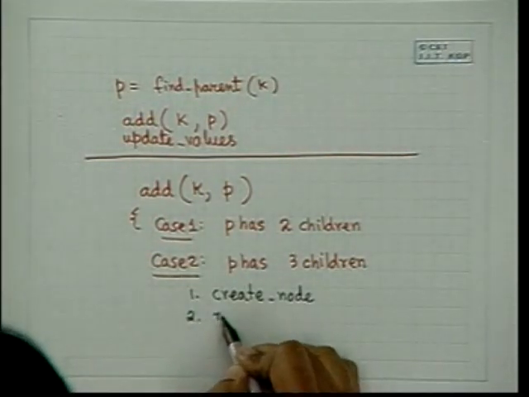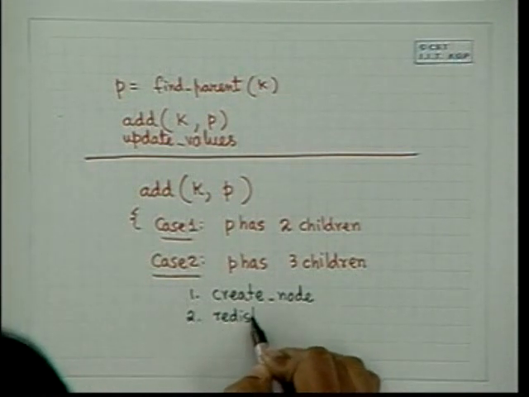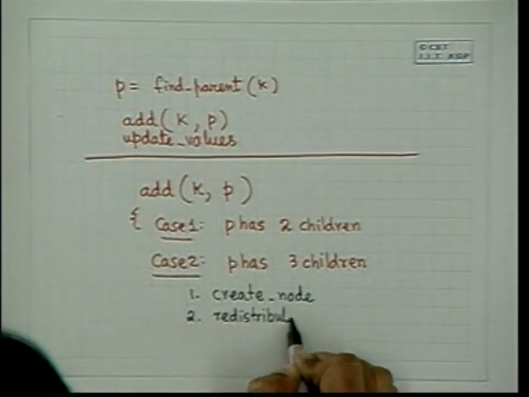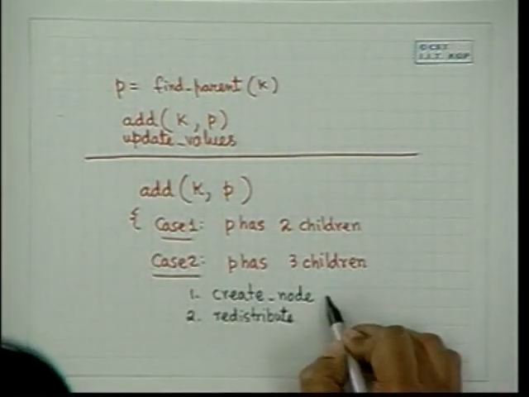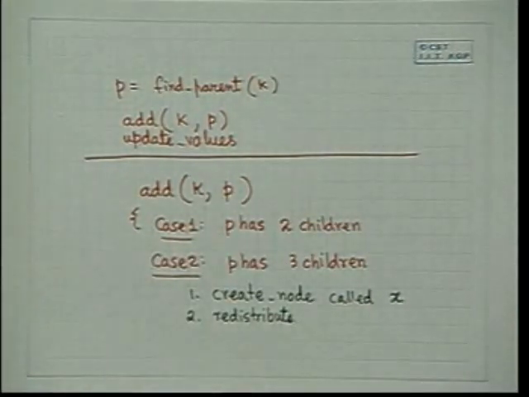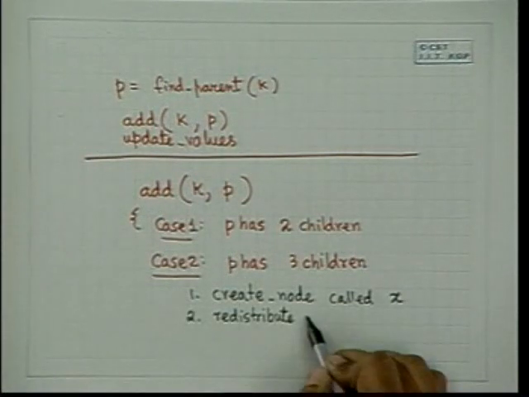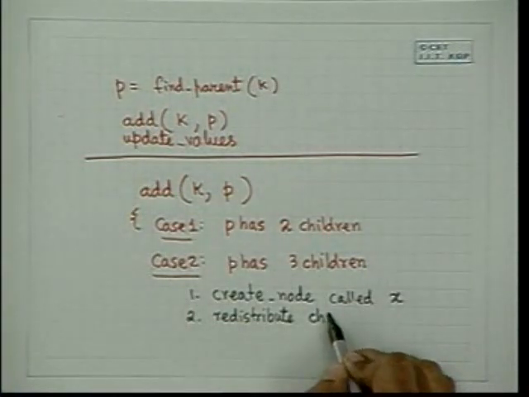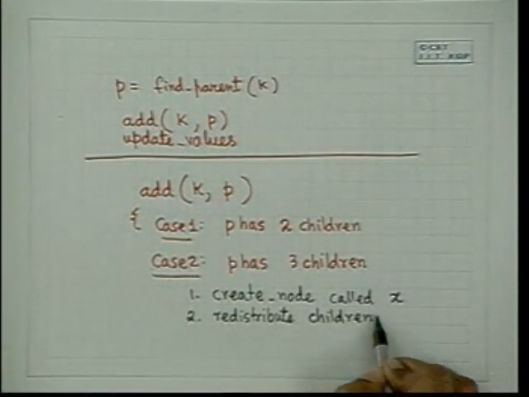Second, let us call it X. Redistribute the children.